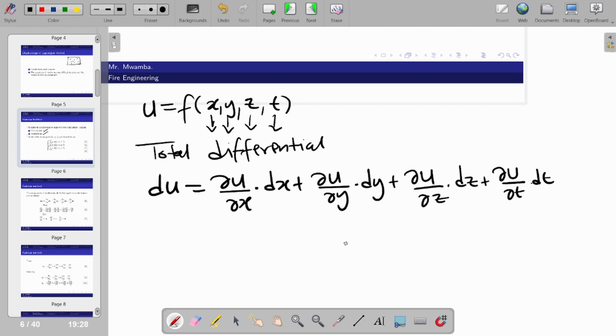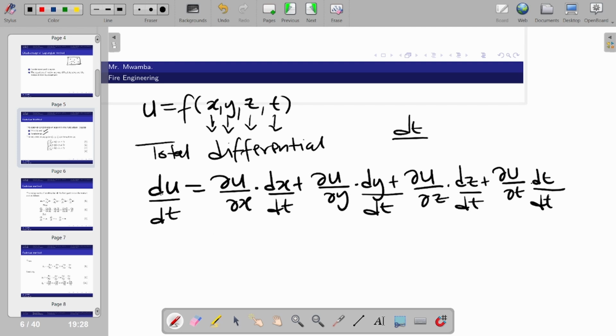So let us divide throughout by dt. Divide each component by dt. Remember, this dt into dt gives us a 1. Look at the first part here.